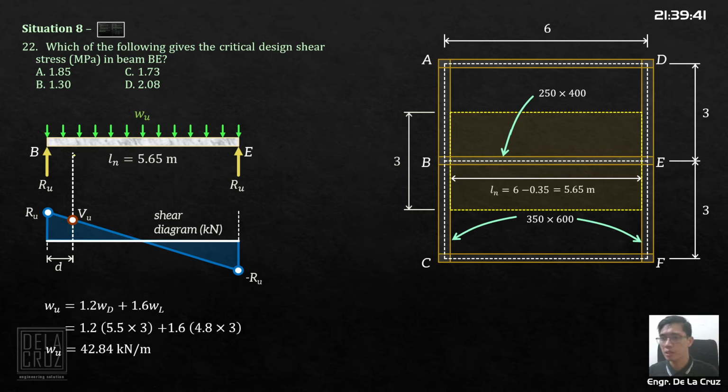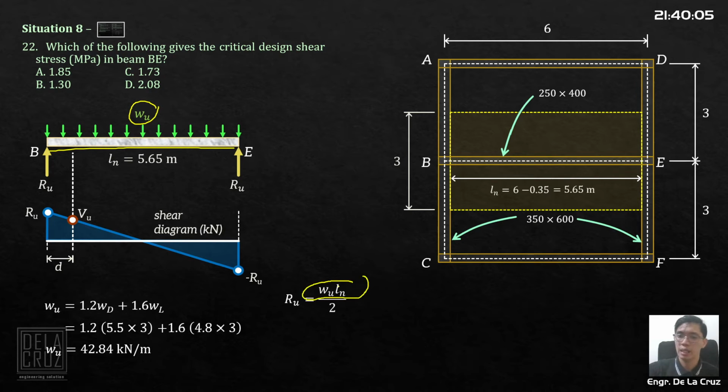So, as you can see, yung ating RU that is equal to the total force, downward force or downward load, no? Or that's the resultant of W divided by 2. Kalahati lang. Yung RU by equilibrium is equal to W times ln.